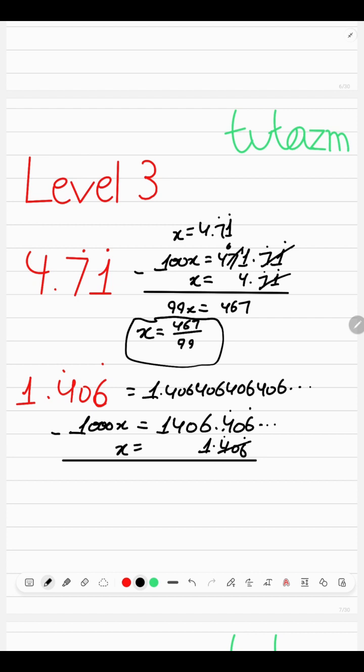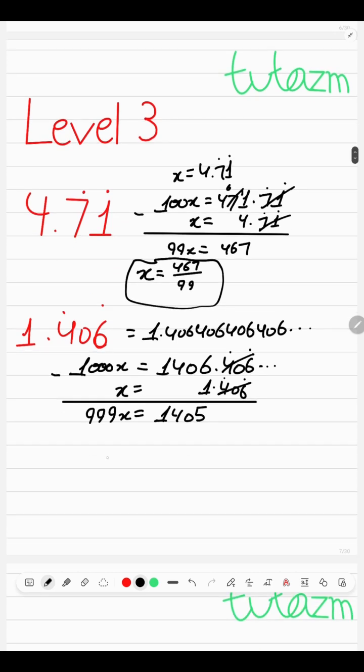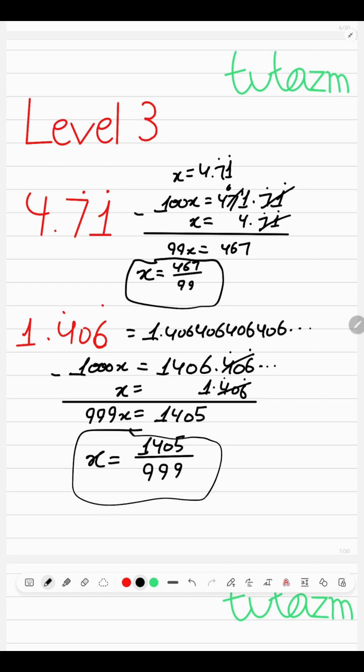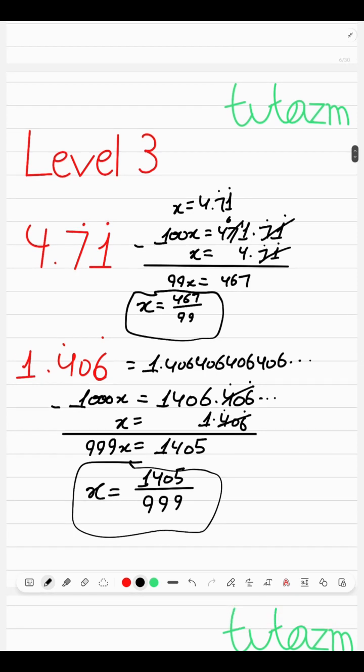So the 406's here cancel out, and this side we get 999x, and on this side we'd get 1,405. x is therefore equal to 1,405 over 999, and I do not believe that this fraction can be simplified further, so this is our final answer. 1.406 recurring is equal to 1,405 over 999.